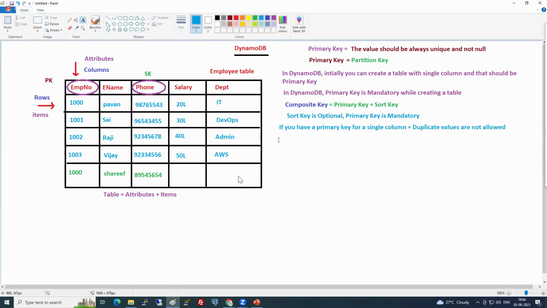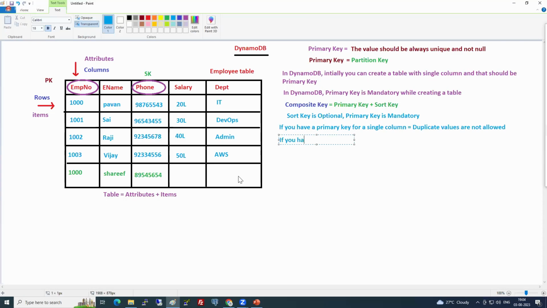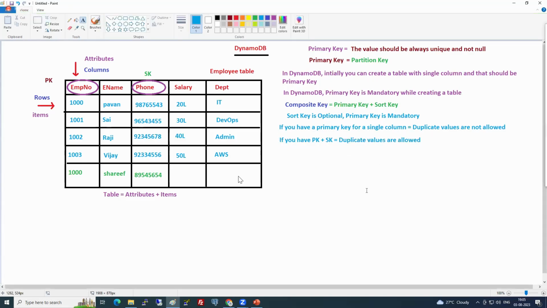So if you have a primary key plus sort key, PK plus SK, then duplicate values are allowed. Clear? Primary key and sort key concept. Online, is this clear? I'm making it very easy.